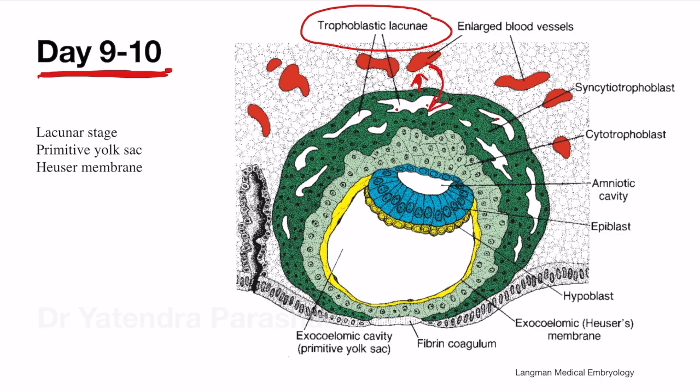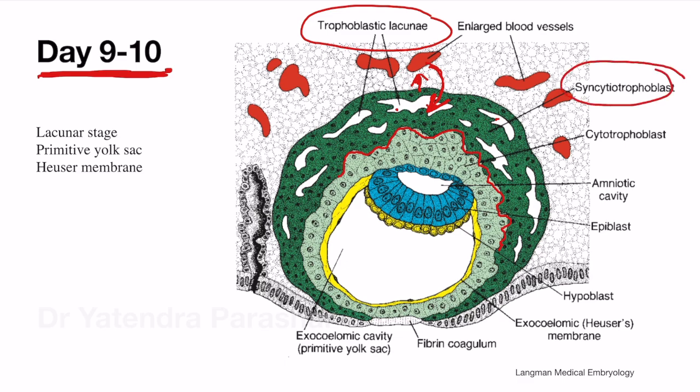When they reach the maternal blood vessels or uterine vessels, blood from those vessels pours into these lacunae, and the cytotrophoblast starts to form villi. It starts to form projections, which further help in the invasion of the uterine wall.